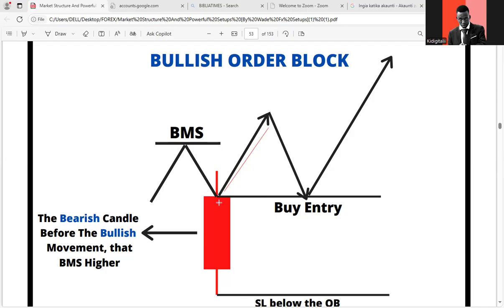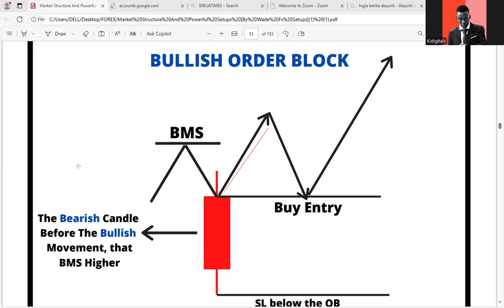That is very important. So what we have to do is make sure we draw the whole candle. Don't just draw from the open point to the low or from the closing point to the high. Just draw the whole candle.